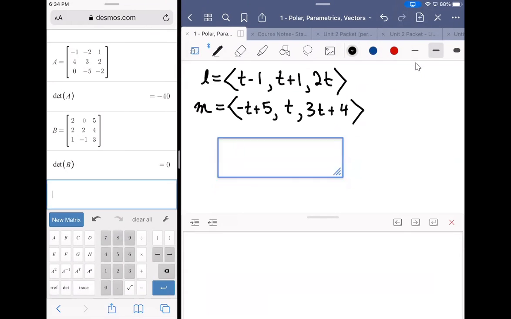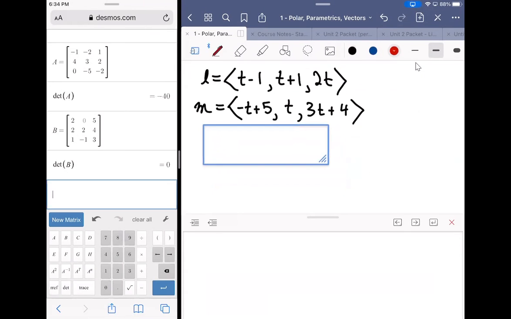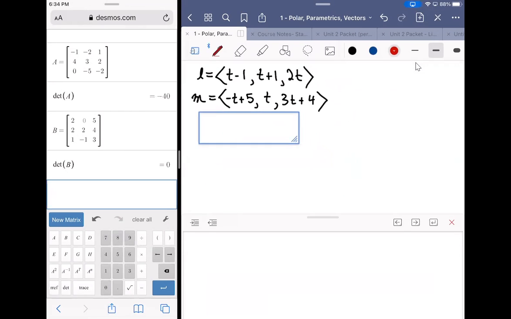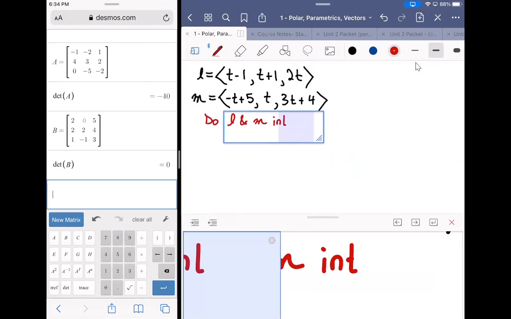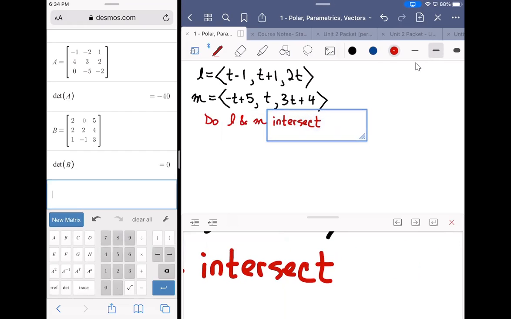So I would ask, do L and M intersect? So we'll start there.